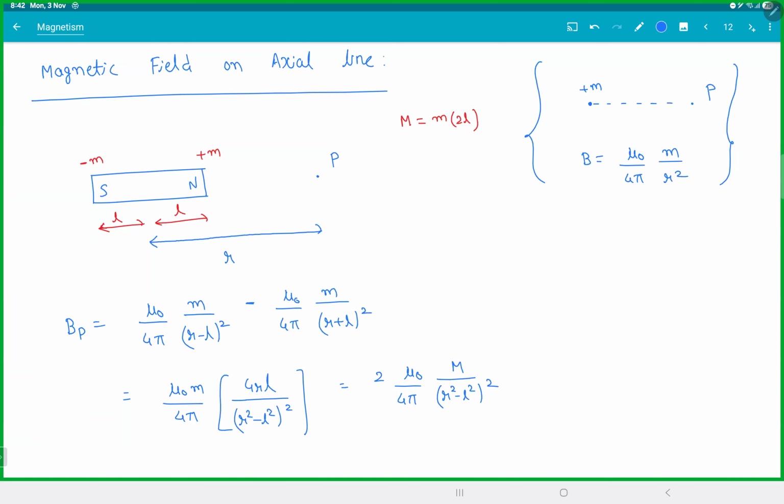There, that's your formula. So B on the axial line is 2 mu naught by 4 pi capital M. I think I missed an R here. MR by R square minus L square whole square.